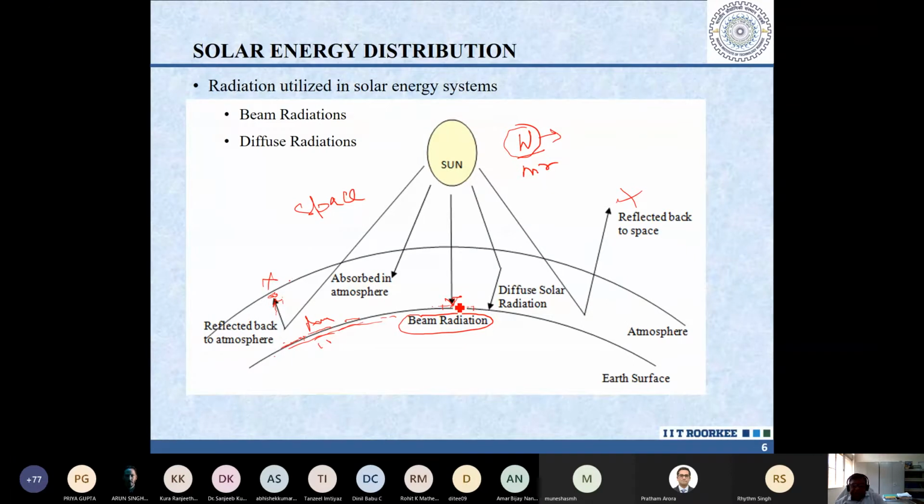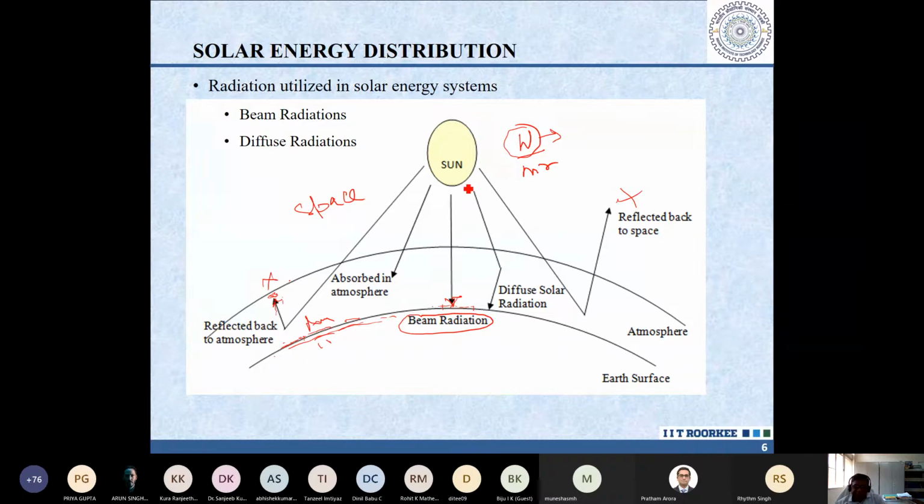When the atmosphere is clear and the sky is clear, a good weather, meaning the atmosphere is clean, like in hilly areas, most of the solar radiation reaches me as beam solar radiation. It does not change its direction or intensity, reaching me directly.